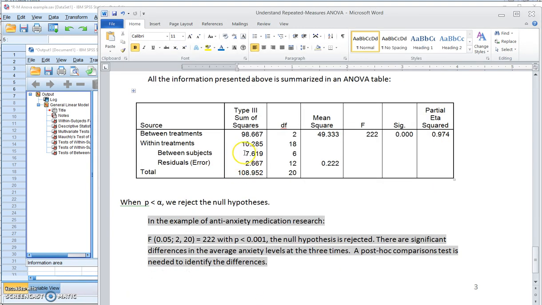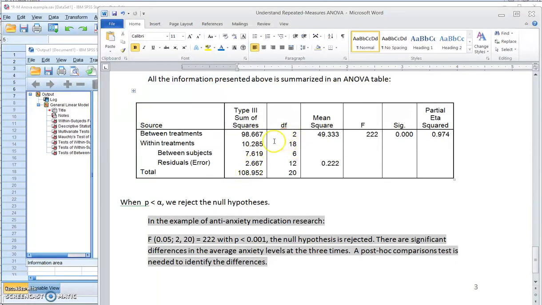We know that the sum of these two, 7.619 and 2.667, gives you the total within treatment sum score, and the sum of the between treatment sum of scores and the within treatment sum scores gives you the total sum scores. Okay.